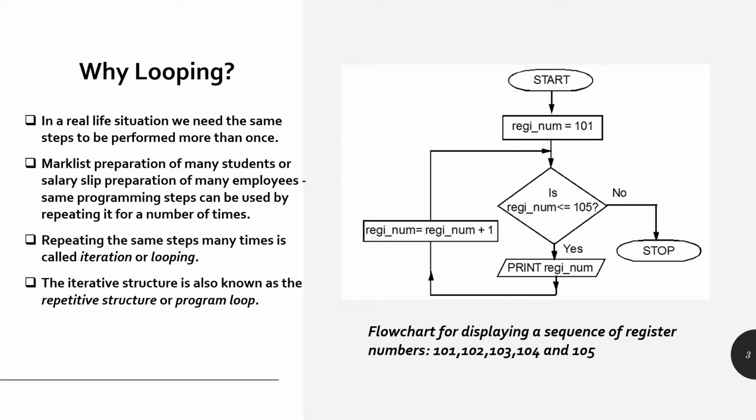First 101 will be printed, then it will be incremented to 102. So 102 is checked against the condition, and again 102 will be printed. That will keep on printing till the register number is 105. At that time also it will print. If the register number is 106, the execution will stop. This is a simple example of a loop.